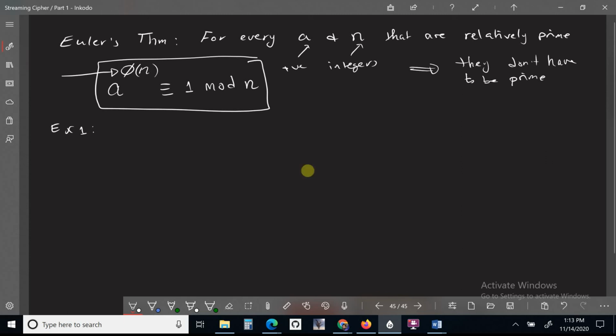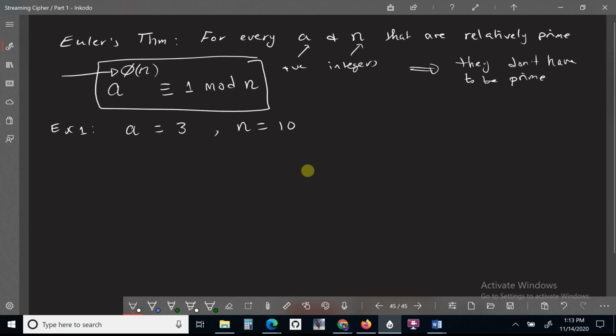So in the example, let's say that we have chosen a to be 3. Yes, 3 is a prime, but we have chosen n to be 10. 10 is not a prime. So let's apply this equation.